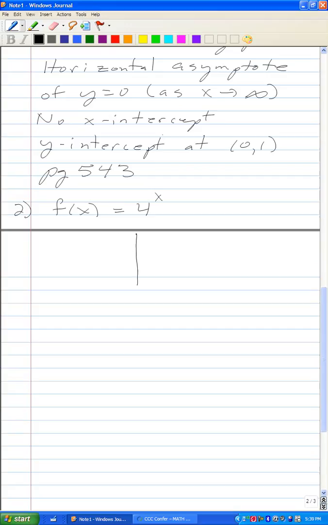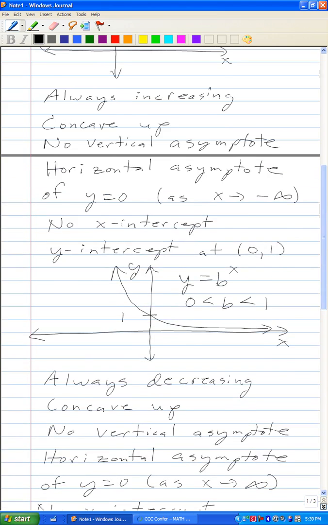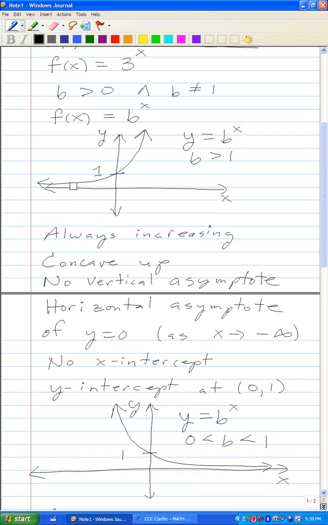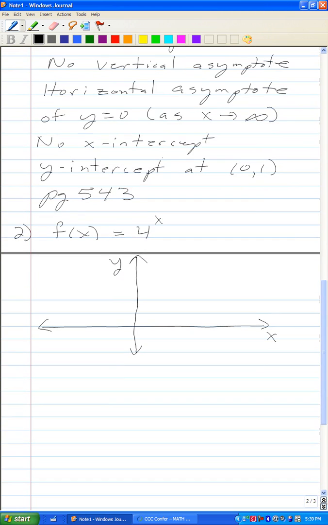So in this case, the base 4 is greater than 1. And so it's going to look like this graph. At negative 2, it's 1 over 16.